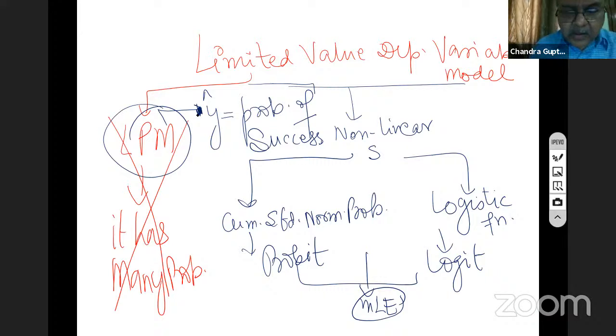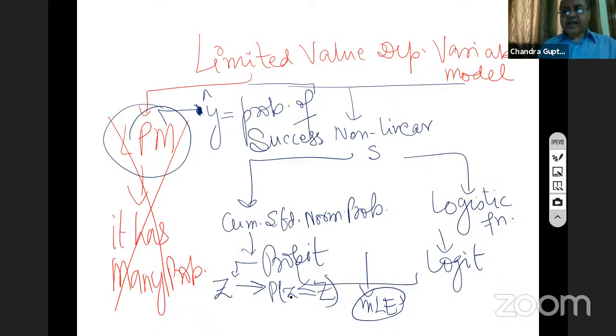In a cumulative probability distribution, we get the value of Z, and you can get the probability of small z greater than or equal to Z from normal probability distribution tables.